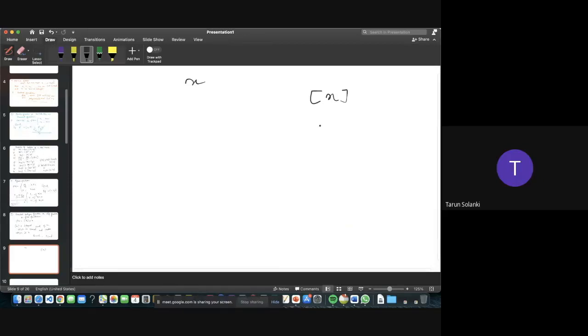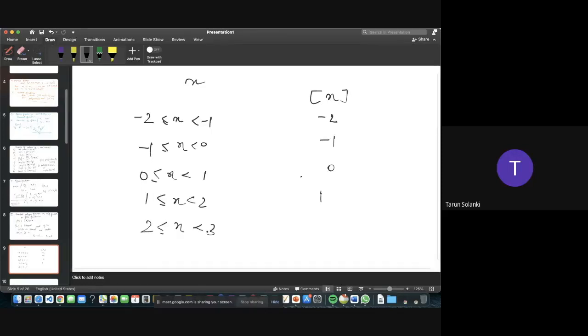So for -2 to -1, it goes to -2, right? Here if we take -1 to x less than 0, it goes to -1. Similarly 0 to x less than 1, it goes to 0, and 1 to 2, it goes to 1, right? And 2 less than x less than 3, it goes to 2, right?